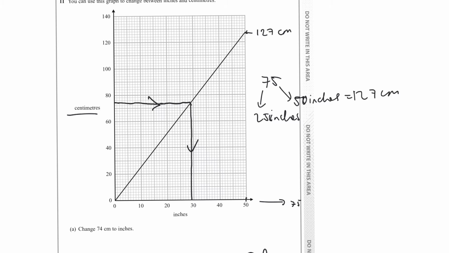And then 25 inches hits the graph here at a value of going across 64 centimeters. So then use your calculator, add together 127 plus 64, and in your calculator you should get an answer of 191.